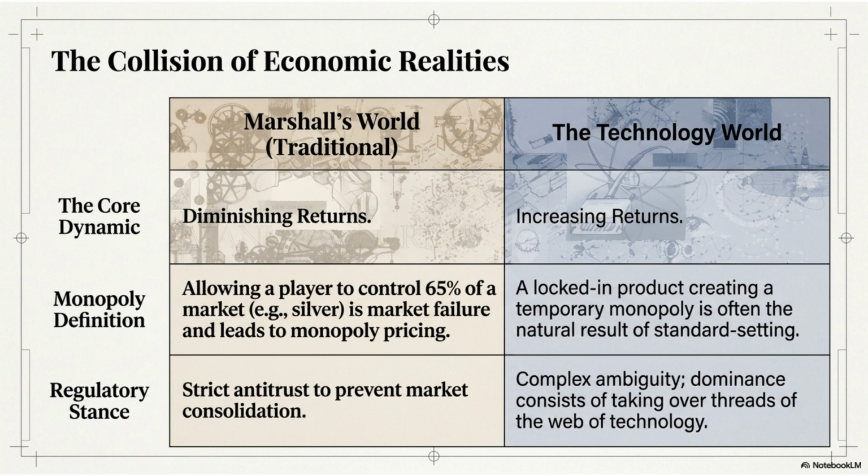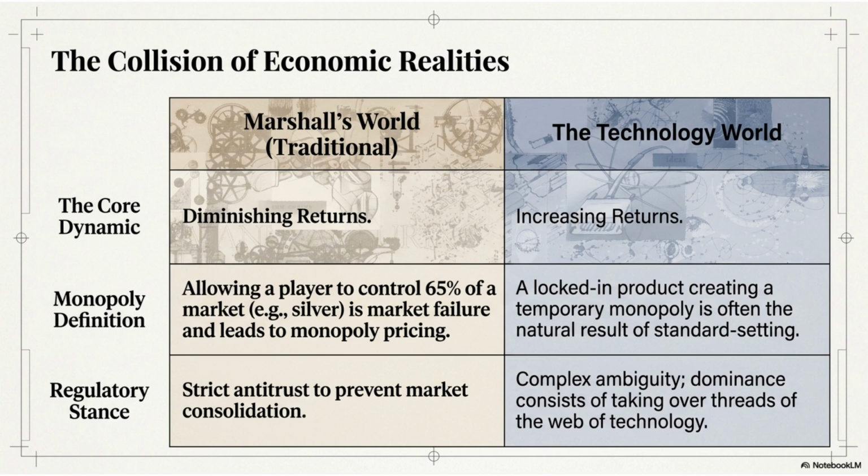Okay, let's use that silver example because I think it makes this really concrete. In Marshall's world, the rules for fair play and monopolies are actually pretty simple, aren't they? Extremely simple. Because it's based on physical scarcity. If you are a government regulator and you see that a single player has quietly bought up, say, 65% of the entire global silver market, your alarm bells immediately go off. Because at 65%, you basically control the market, right?